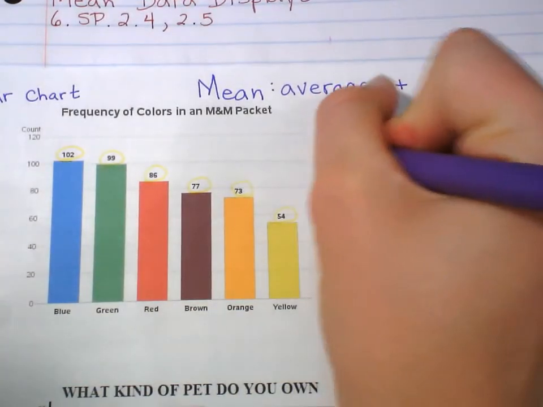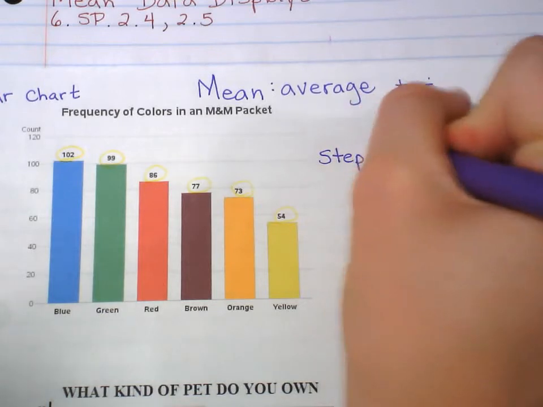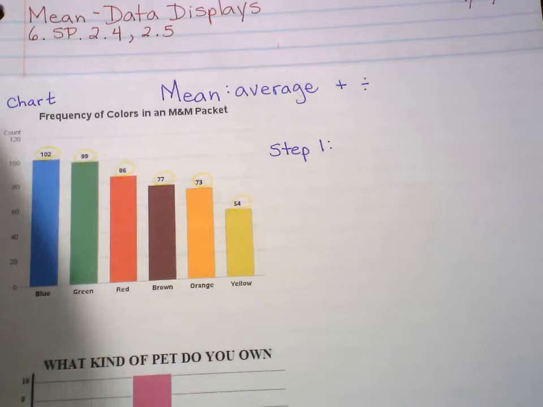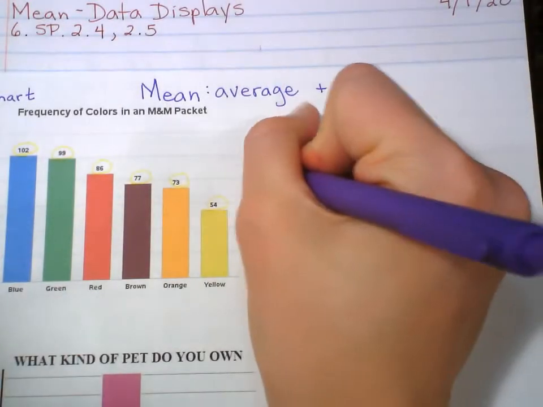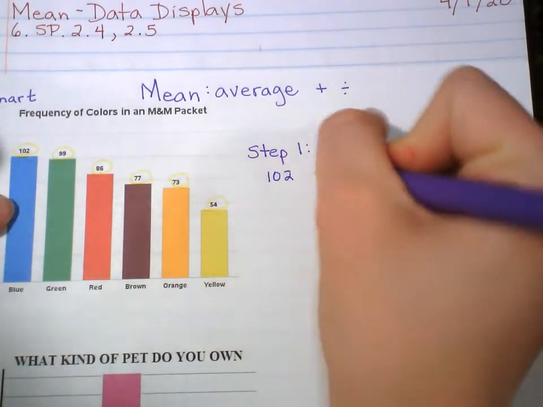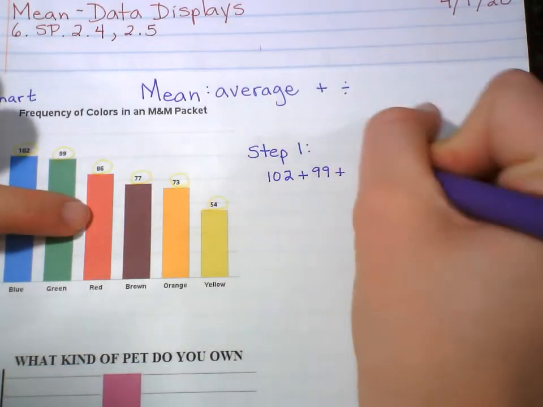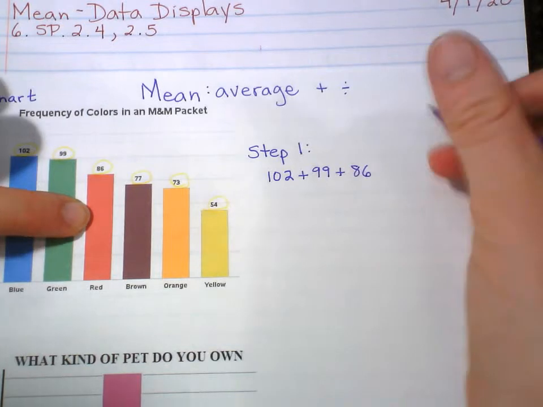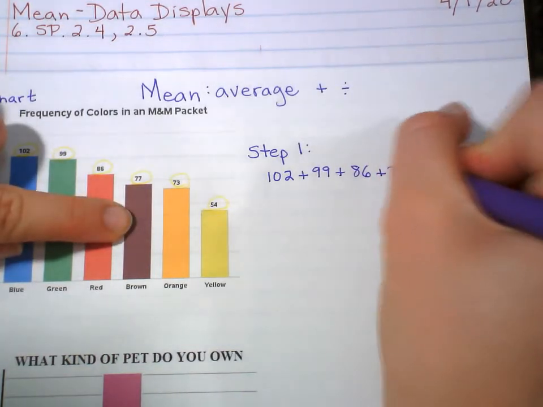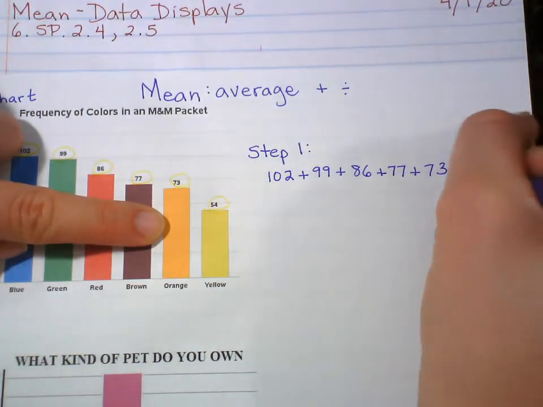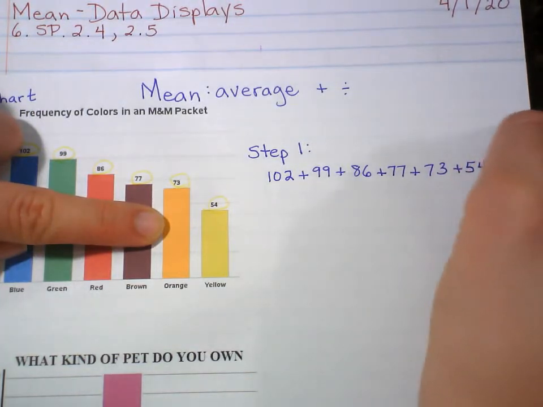So step 1, add up how many M&Ms we have total. Let's add it up. So we have 102 for the blue, plus 99 for the green, plus 86 for the red, plus 77 for the brown, plus 73 for the orange, plus 54 for the yellow.